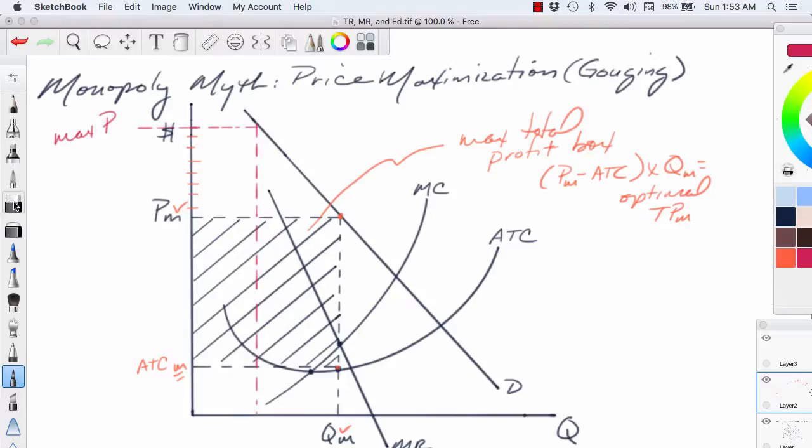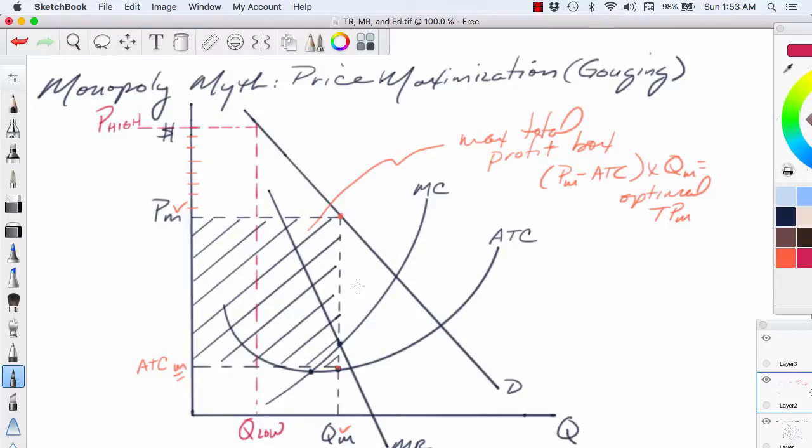So I don't like that. Let's get rid of that. Let's call this, just for the sake of argument, P high. And why is it high? It's above the profit maximizing price. Notice that that's going to cause the firm to produce at Q low.